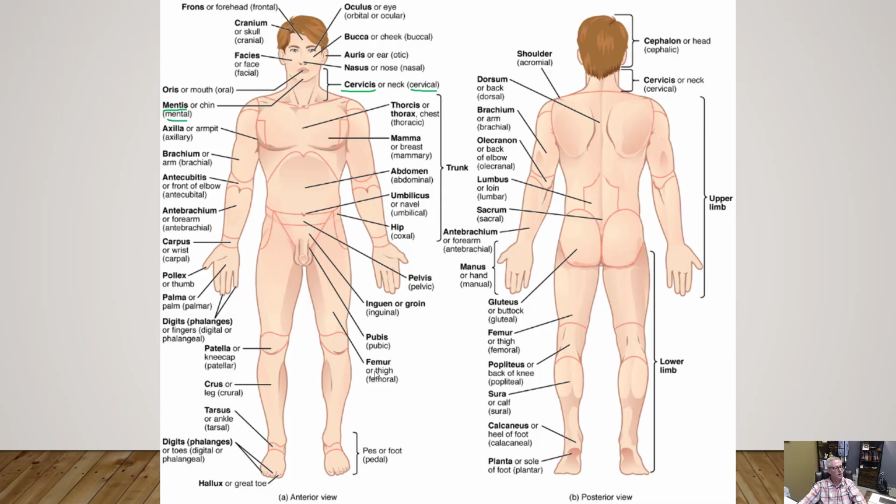So you could say the patient broke his femur, or the patient has pain in his femoral region.